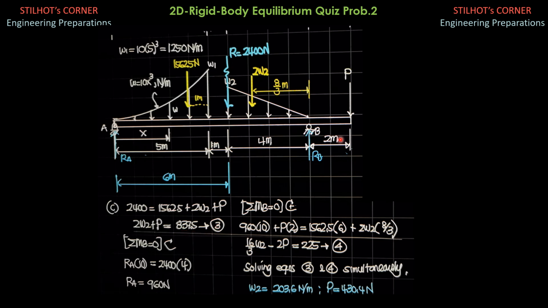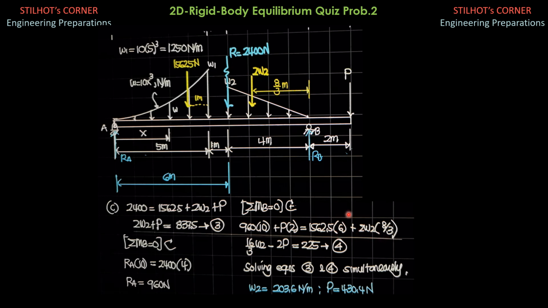We then sum up moments about B equals 0 to solve for RA. So we'll use the resultant. So RA times 10 equals 2400 times 4. So the reaction at A expected for this condition is 960 newtons. Then we sum up moments about B equals 0, so 960 times 10 plus P times 2 equals 1562.5 times 6 plus 2W2 times 8/3.